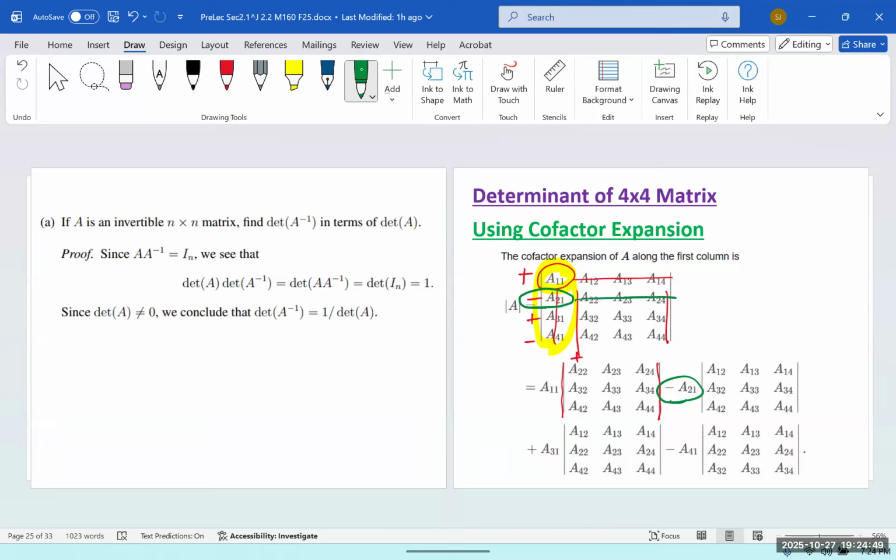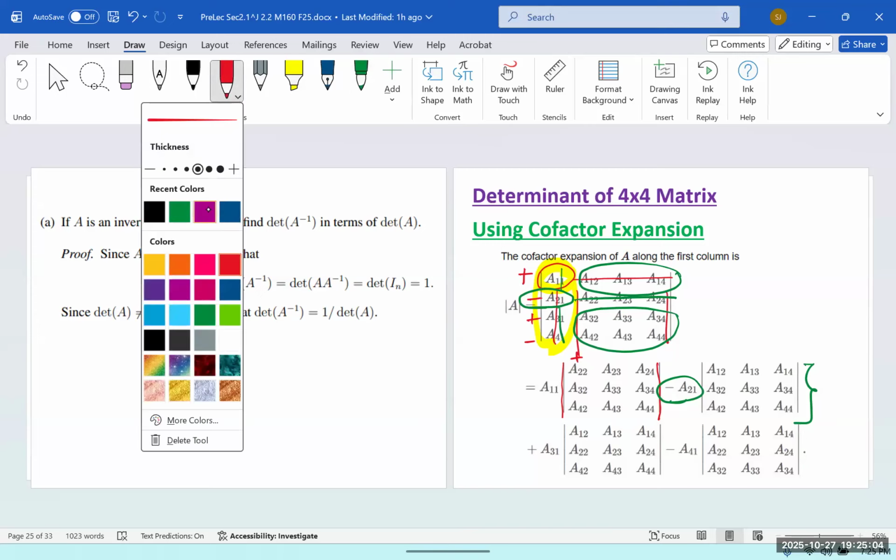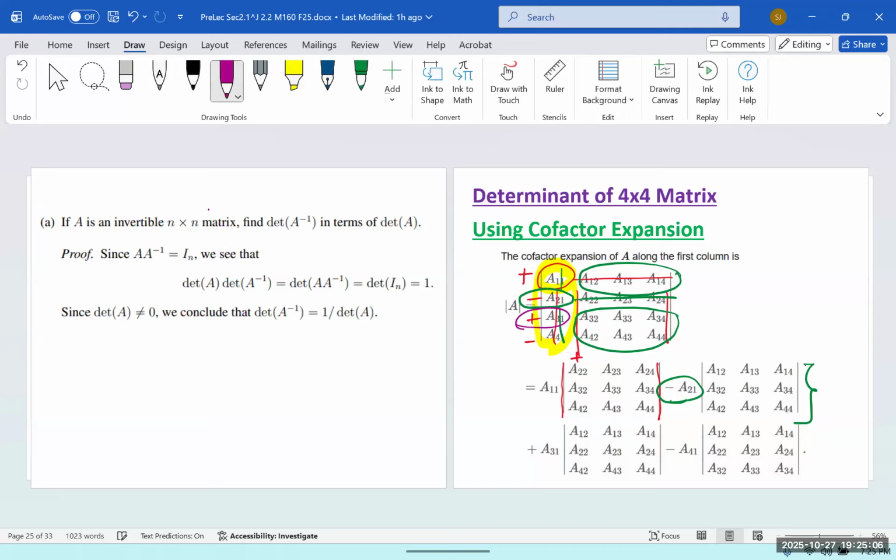So you're not going to use this row or this column. So you're left with the first row and the last 2 rows. You take the determinant of that. And then you go, let me change the color to purple. We have the third element. So you don't use the third row or the first column.